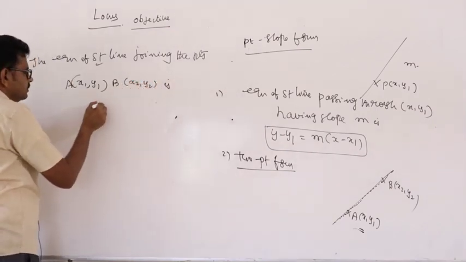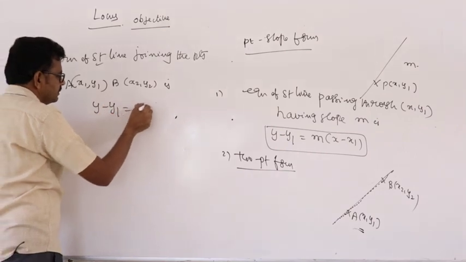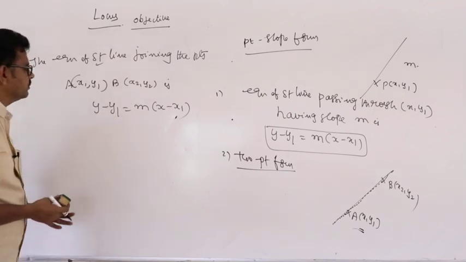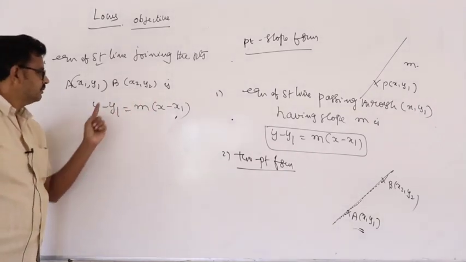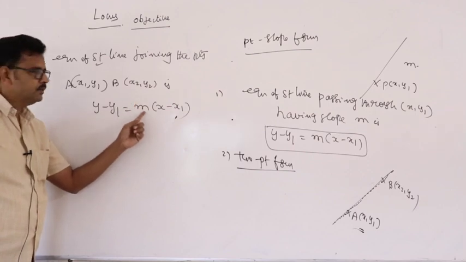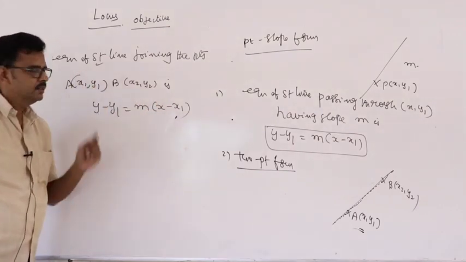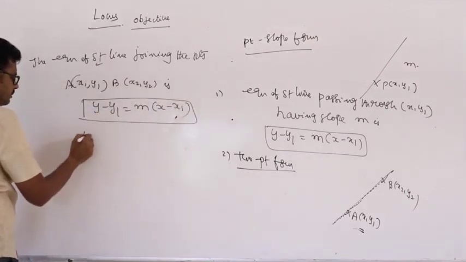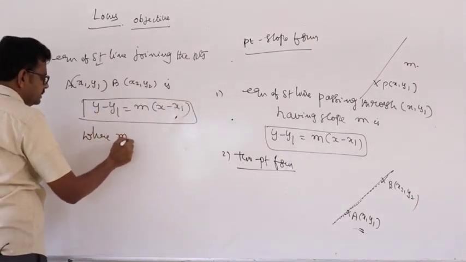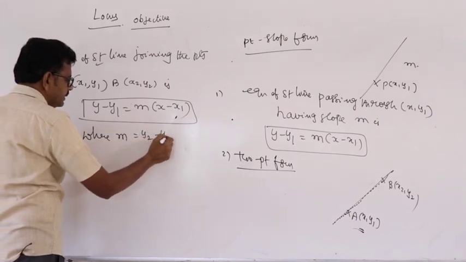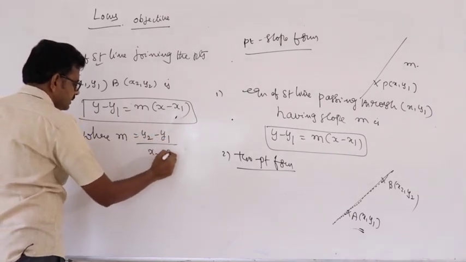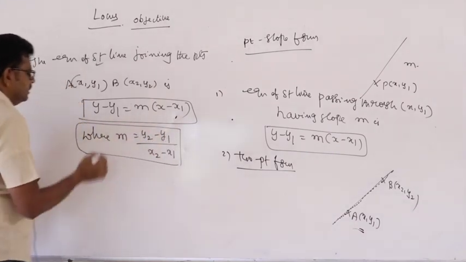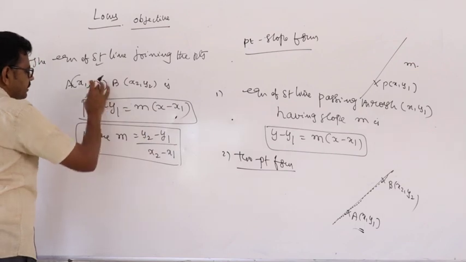It is the same formula, y minus y1 is equal to m into x minus x1, or we take any one point, y minus y2 is equal to m into x minus x2, where m is equal to y2 minus y1 by x2 minus x1. So, okay, this is the slope and point.